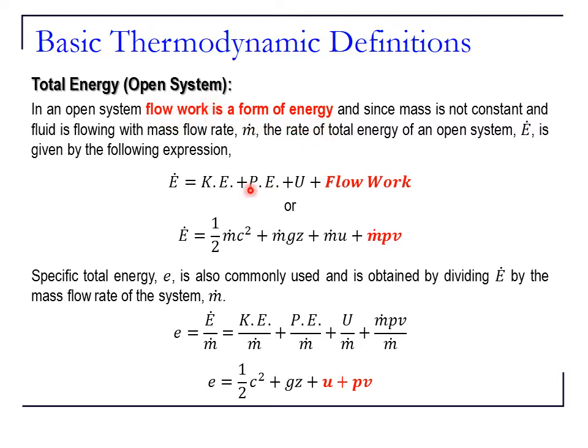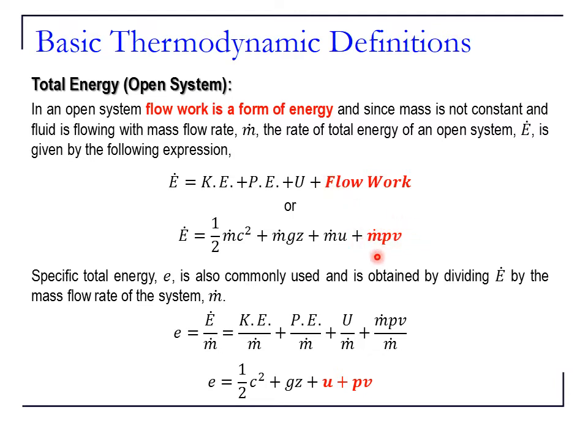As we have learned in the topic of the closed system, the total energy of that system consists of the kinetic energy, potential energy, and the internal energy. For the open system, we just consider an additional energy form, which is the flow work, and we just derived how to write the flow work.